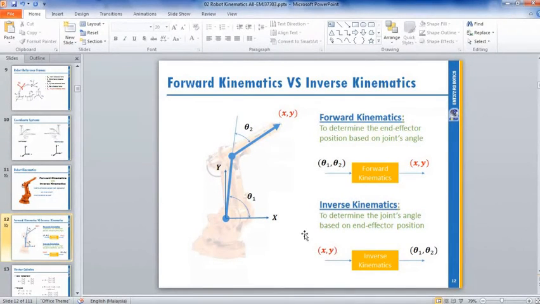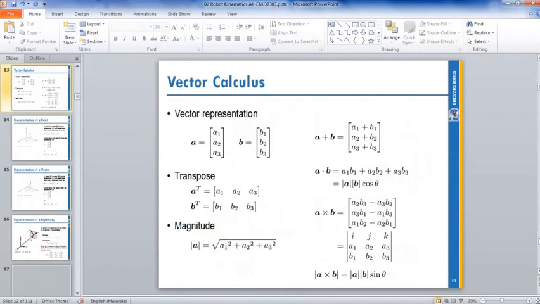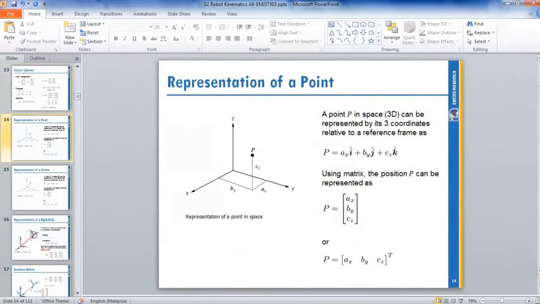So you put in your coordinate, and then we apply an inverse kinematics formula so we can find theta 1 and theta 2. This is fundamental matrix, so I skip this one.